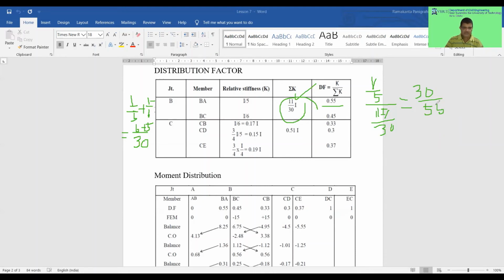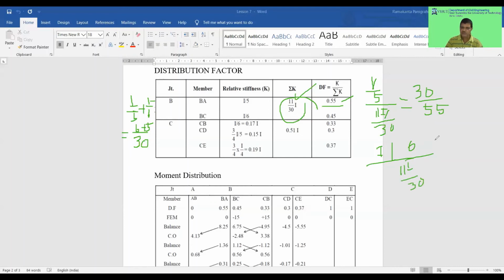Similarly, the other case is I by 6 divided by 11 I by 30.